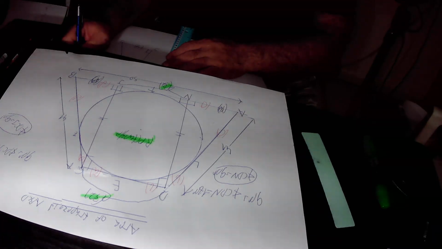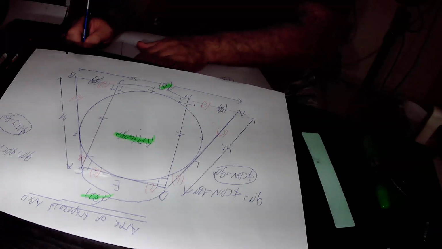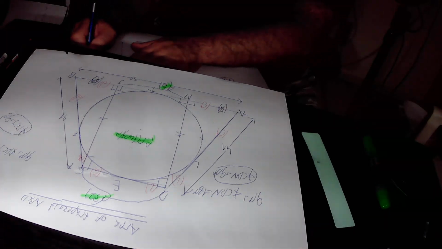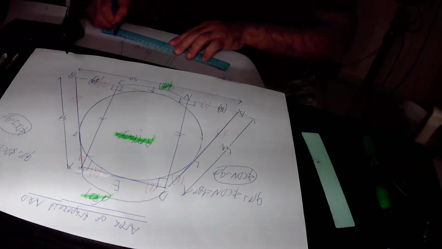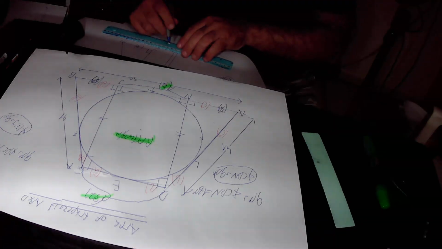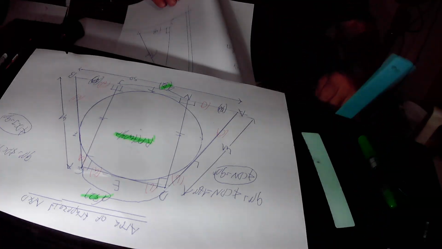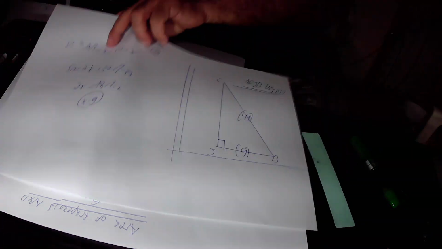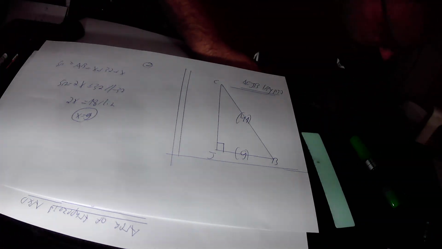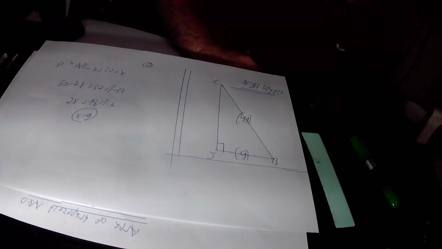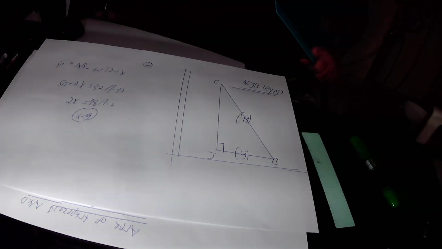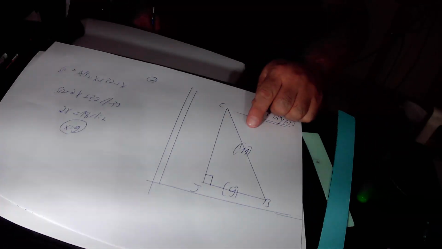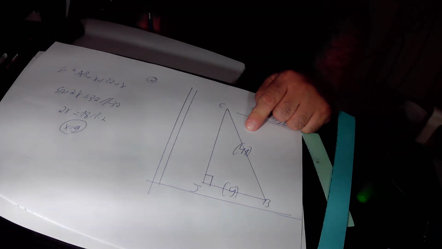Here, PT is the preparation for the Pythagoras theorem. So actually, this is the right triangle CJB, copied from the original drawing.